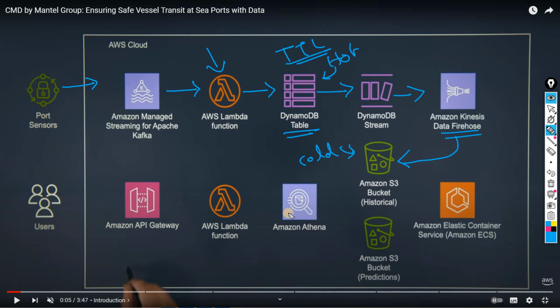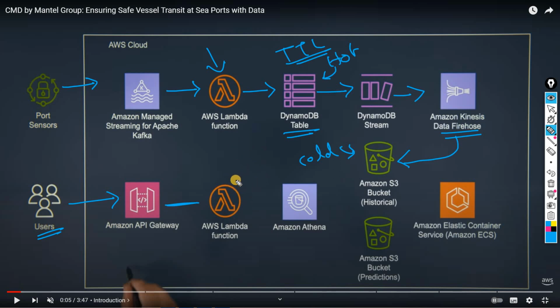And what this particular section is doing is basically helping some user to fetch some data. Maybe here business users are asking for some data. So they have created one API for that, and that API Gateway backend is supported by Lambda. Whenever a user makes some request, maybe for hot data or for cold data, that request gets to this Lambda. That is, our Lambda is getting triggered based on this Amazon API Gateway event, and that Lambda decides where it needs to go.